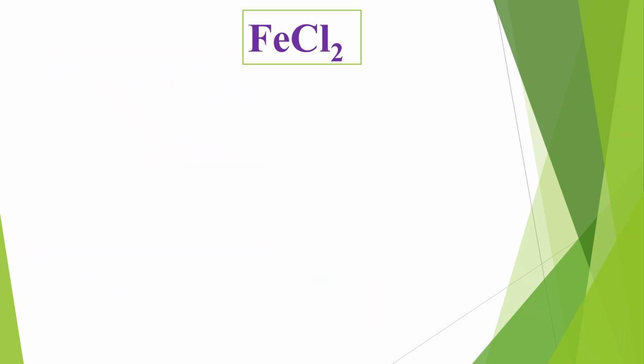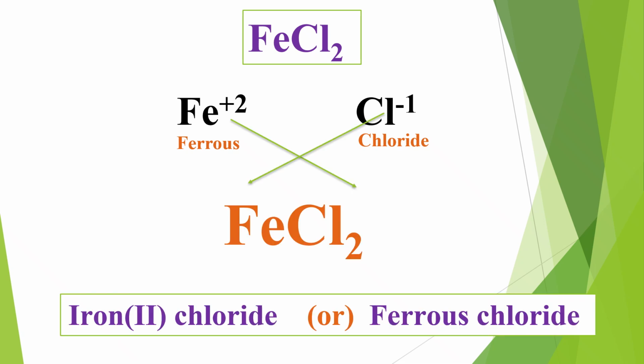Now we'll see how the ferrous ion and ferric ion form compounds. You take the ferrous ion, Fe plus 2, and chloride, Cl minus 1. By using the crisscross method, 2 will come here and 1 will come here.